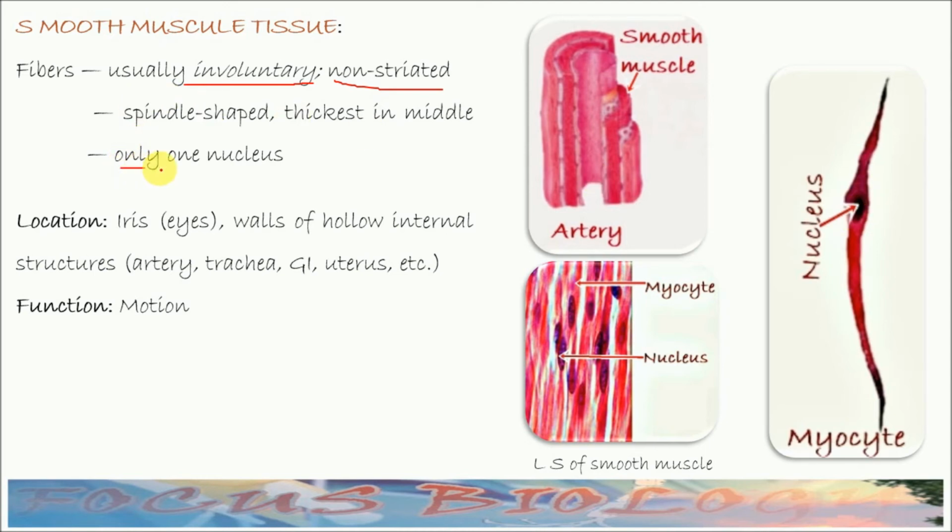It is found in the iris, walls of artery, trachea, gastrointestinal tract, uterus, etc. They are responsible for motion.